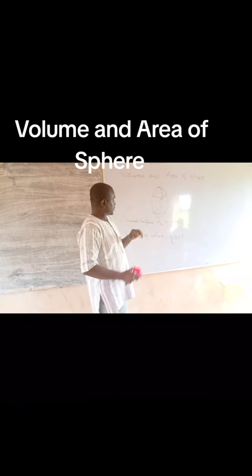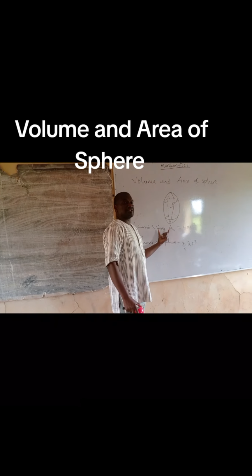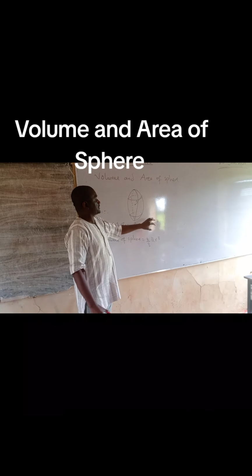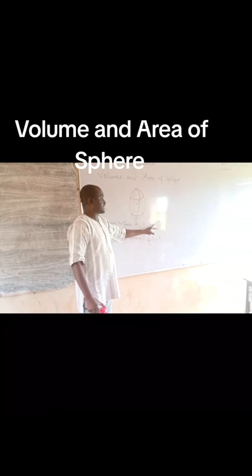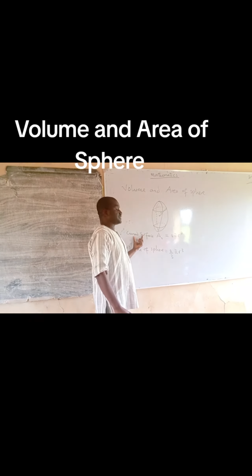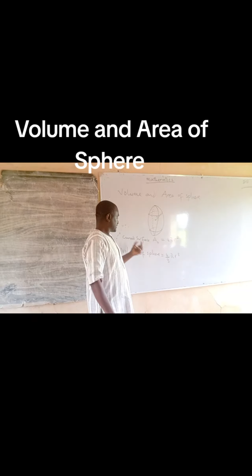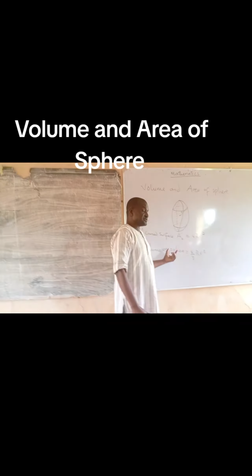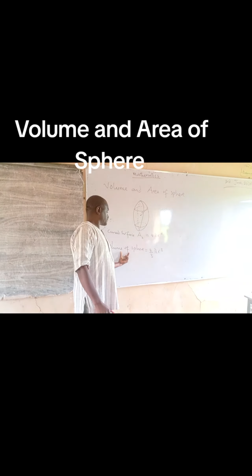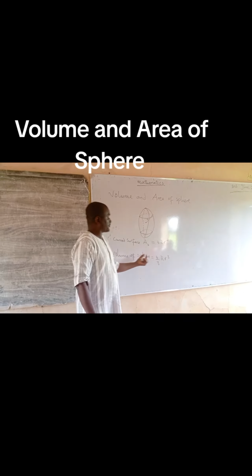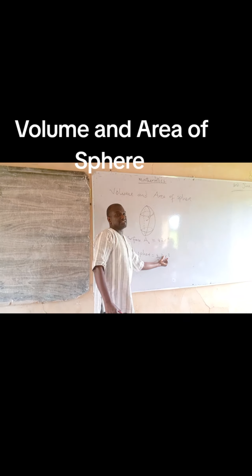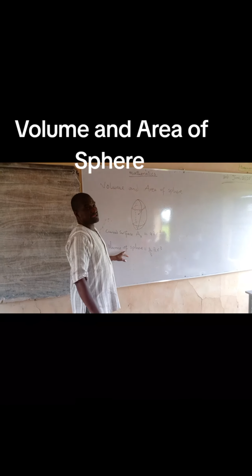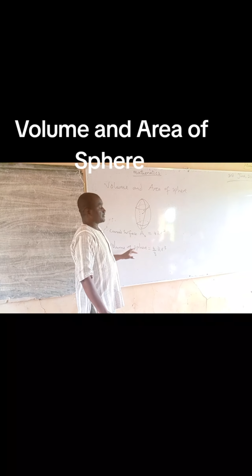Now, in a question, sometimes they will give you the left-hand side and ask you to find the radius, or they can give you the right-hand side that contains the radius and ask you to find the curved surface area. Now, the volume has the same right-hand side. You will also be given the left-hand side and asked to find the radius of that sphere, or you could be given the radius and asked to find the volume. Is that okay? Yes, sir.